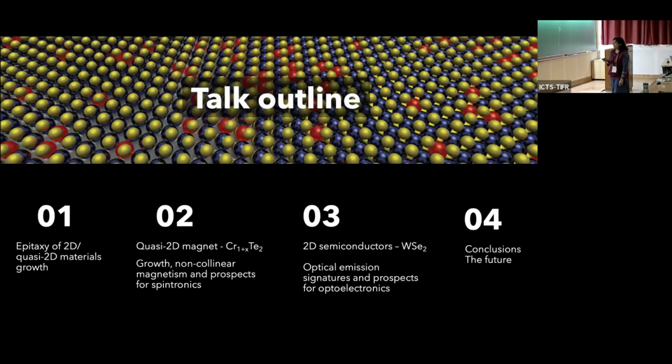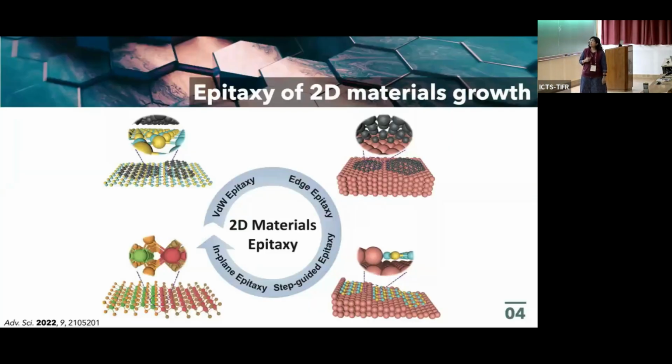And towards the end, if there is time, I will also talk about WSe2, which is a very well-known 2D semiconductor, but how the growth of WSe2 is dependent upon the substrate on which we try to grow, and how the optical emission signatures are affected by the substrate. And finally, I will conclude and give you some of the future outlook.